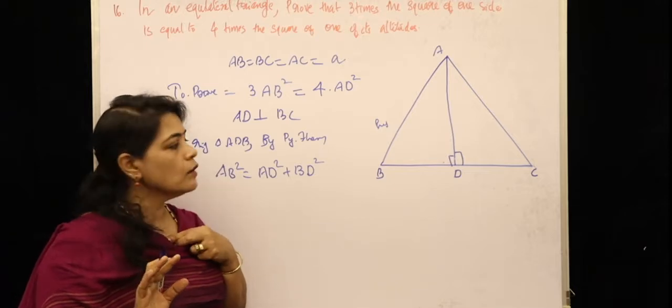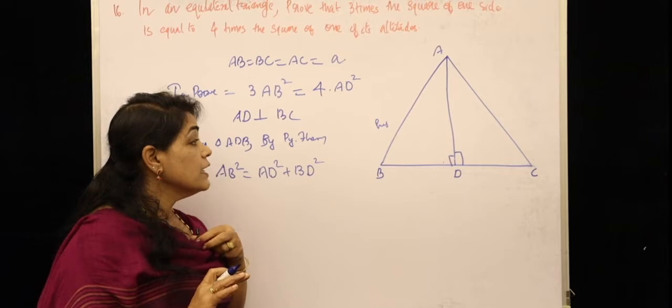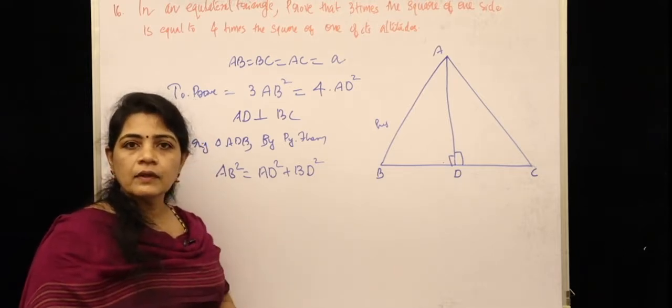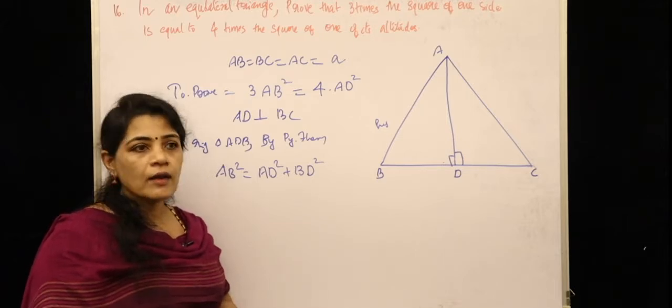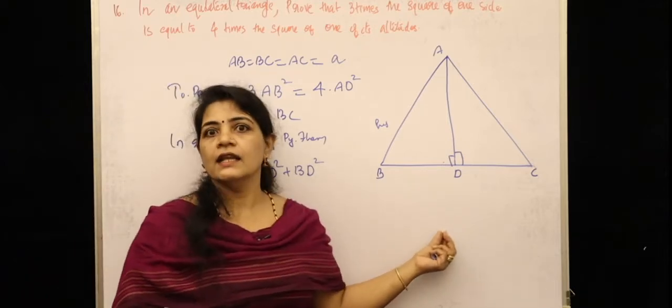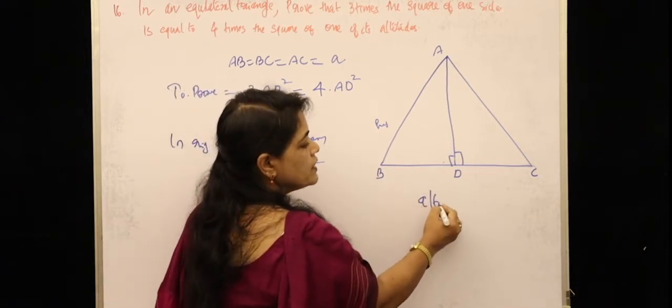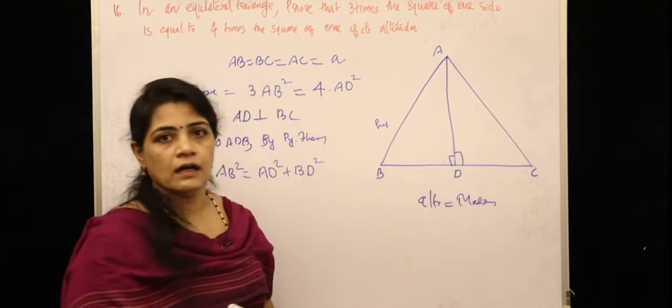It is clear, children, how the next step can be started. What is BD, children? BD is nothing but half of BC. Why? Because we know that in an equilateral triangle, altitude equals median.